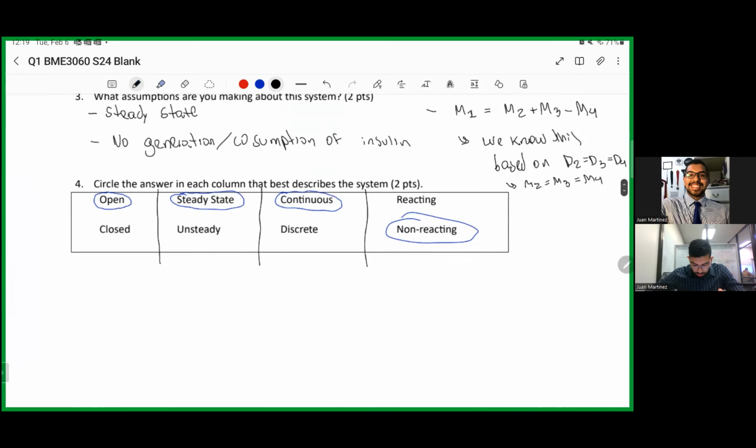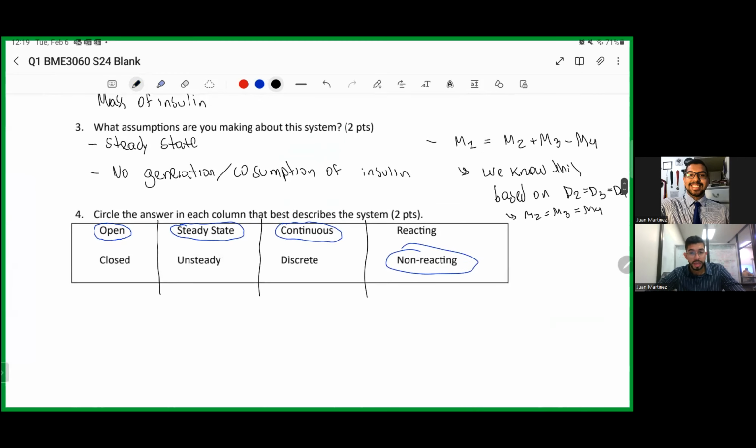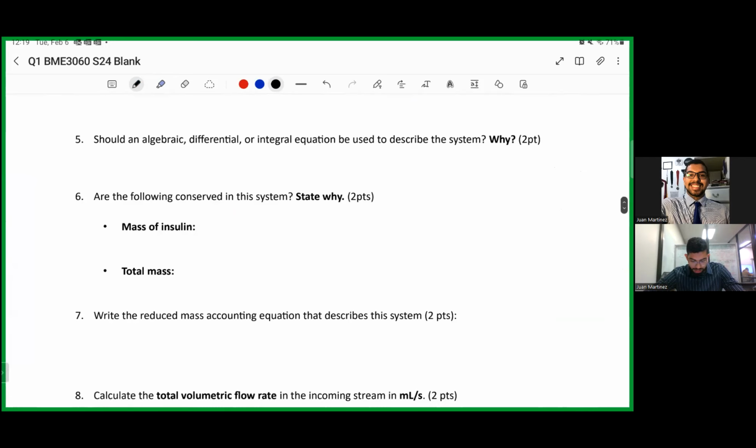So based on the fact that we are not at a discrete time point, we can cross out integral, because an integral is based on differential parameters. You have a certain time and you get a value. For example, if you have velocity, you integrate it and you get distance.